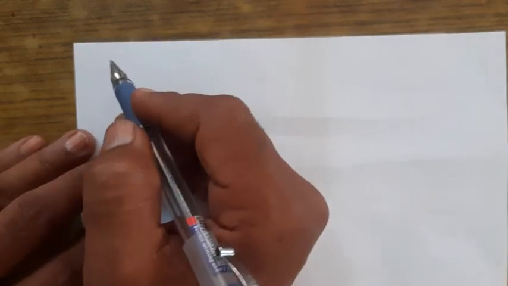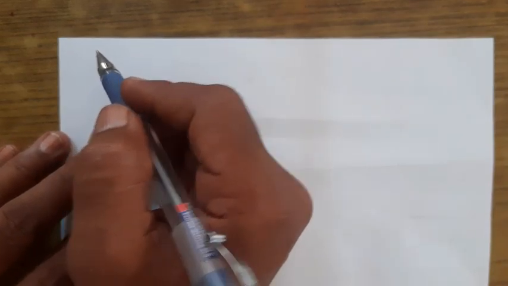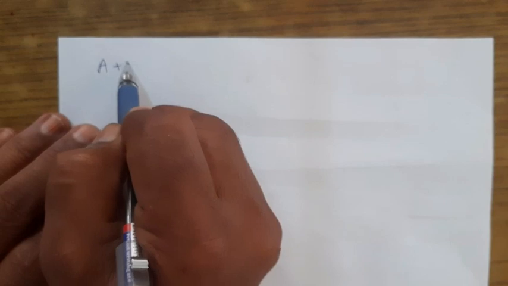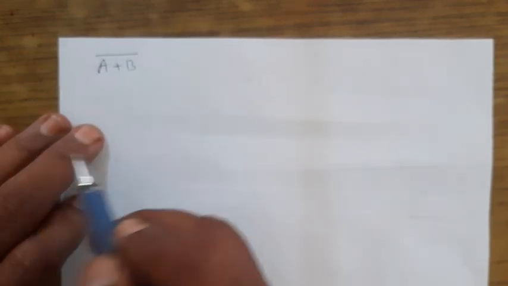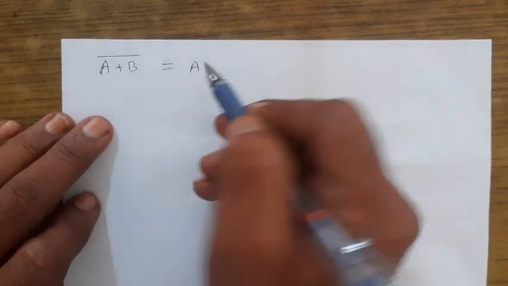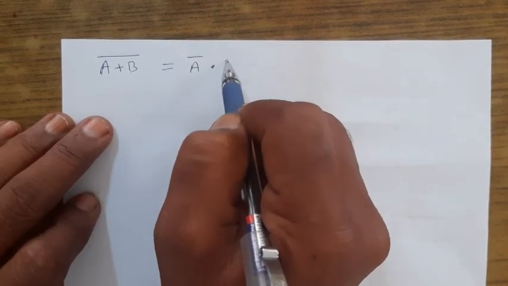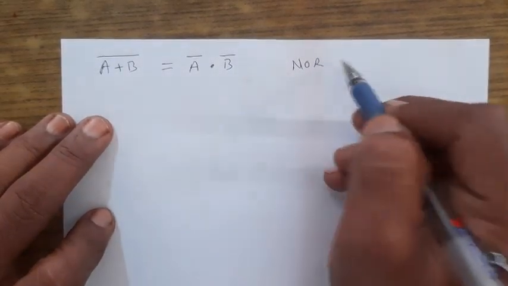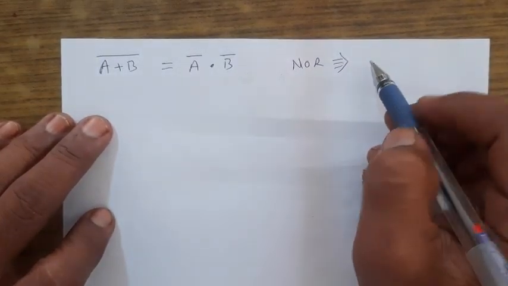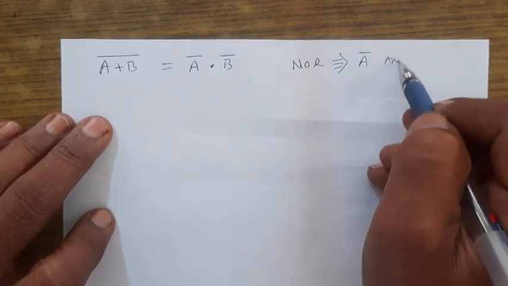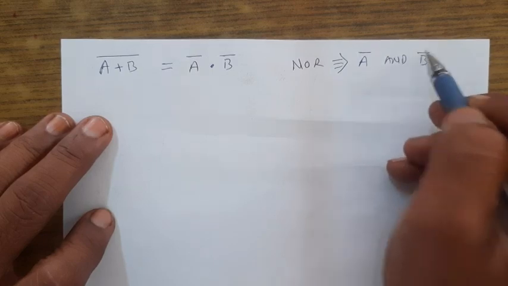that is known as De Morgan's theorem. It is again a review of the knowledge with us. Suppose I can write an equation, it is A or B complement, that is the NOR gate, then I can write it as A complement and B complement, which indicates that NOR is equivalent to A complement and B complement.